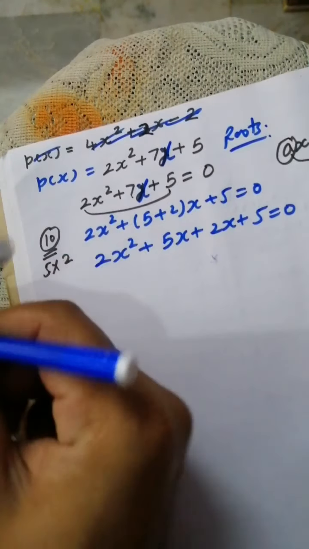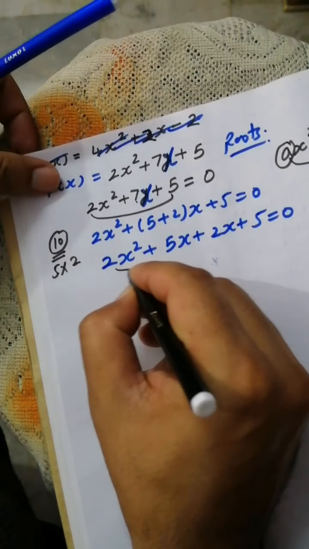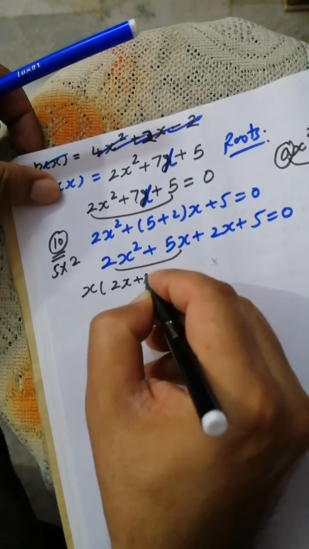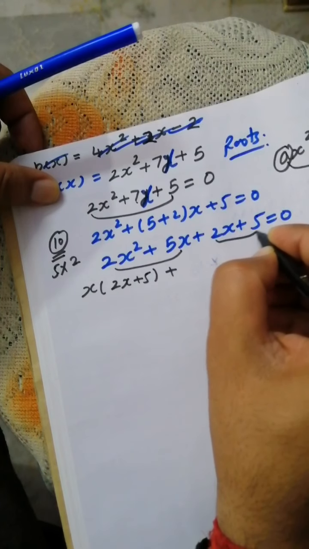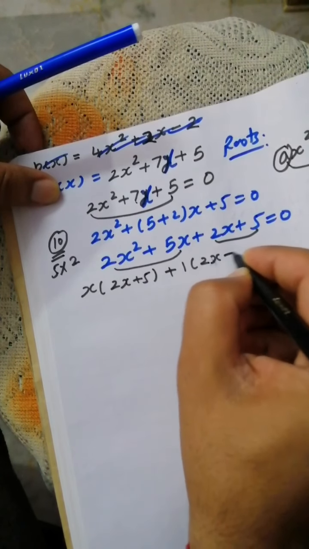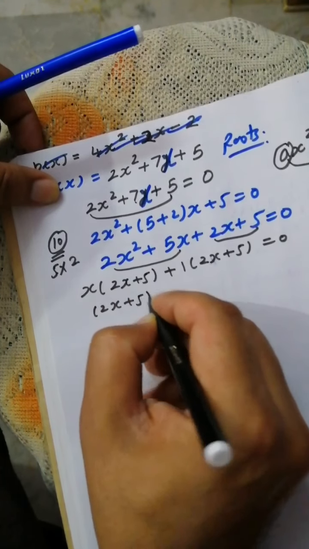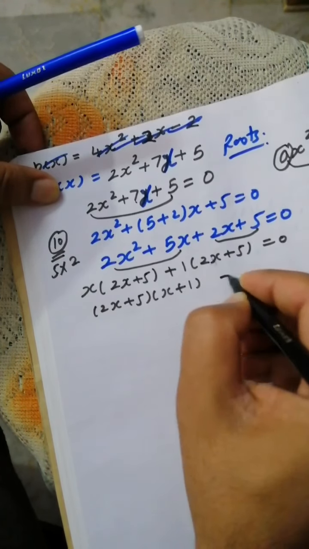Now here, taking x as a common part, it will be x into 2x plus 5. Now again, taking 1 as a common part, we will get 1 into 2x plus 5 equals to 0. So it will be 2x plus 5 and x plus 1 equals to 0.